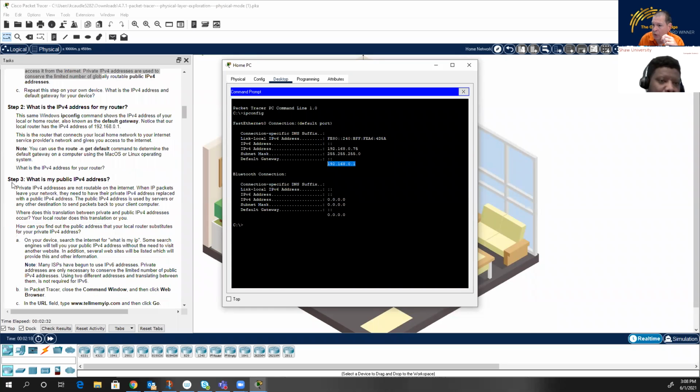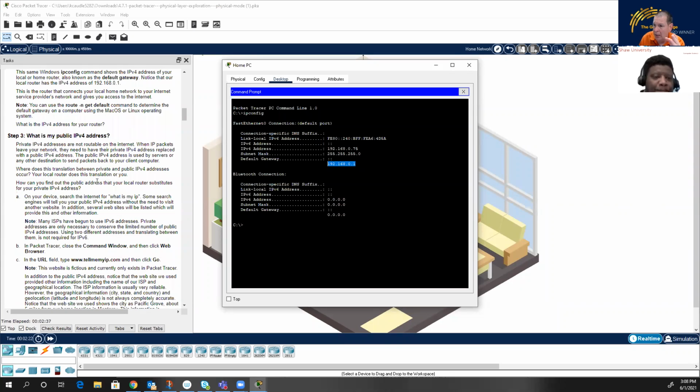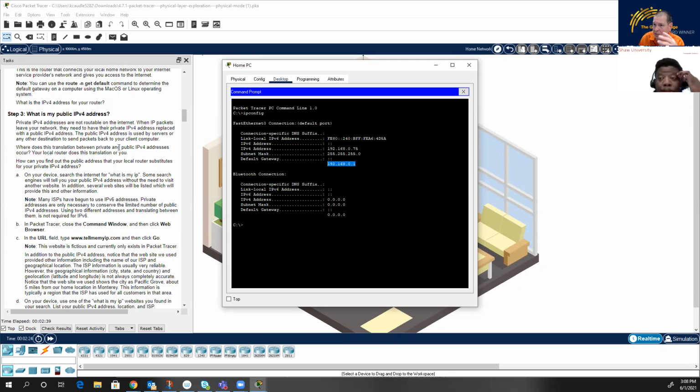If you go down, it says, what is my public IPv4 address? Now, in the real world, you can run a command to find out what your public IP address is, especially because we're behind multiple layers of NAT basically. But with this, it's having you walk through and use the tools.